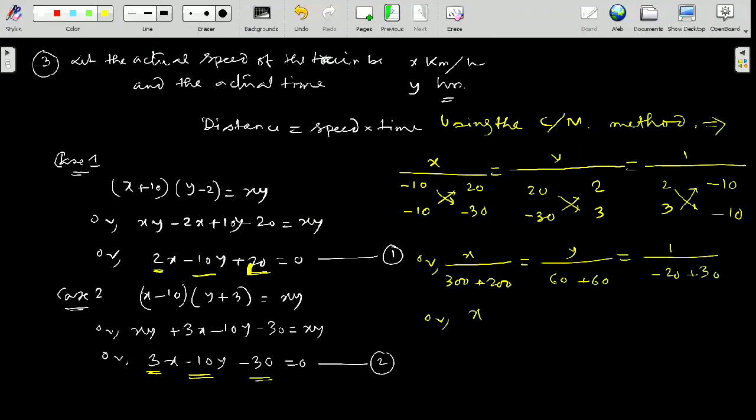So x upon 500 is equal to y upon 60 plus 60, 120, and 1 upon minus 20 plus 30, that is equal to 10.